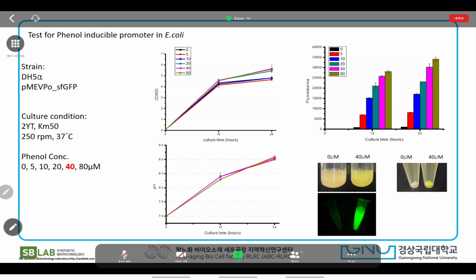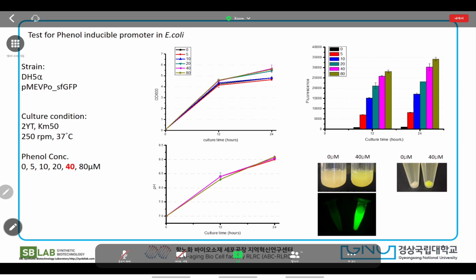So what is the origin of the phenol inducible promoter? I'm sorry, I did this presentation in our lab seminar, so I forgot to put the whole construction and the part, but it comes with its own repressor. The repressor is relieved with this phenol.